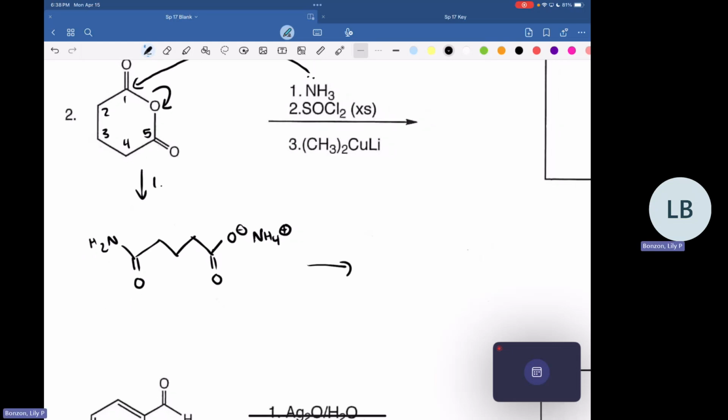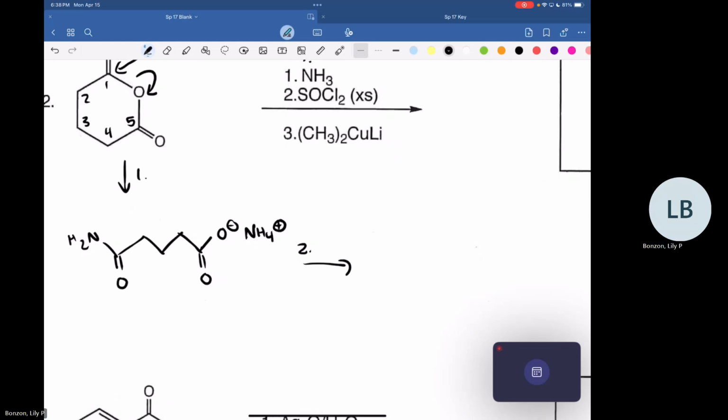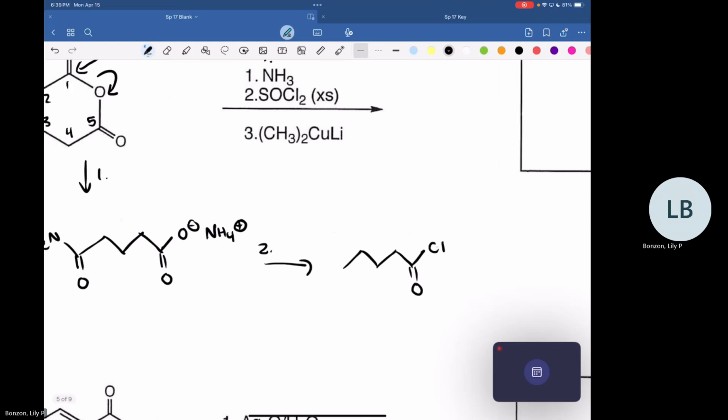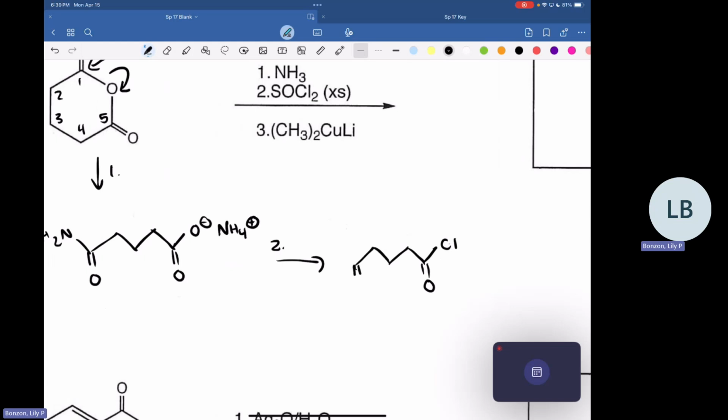Next up, we've got SOCl2 excess. And so what this does with a carboxylic acid, or the O- on the right, is just turn this into an acyl chloride. However, on the left, we have an amide, and this reacts a little bit differently with amides.